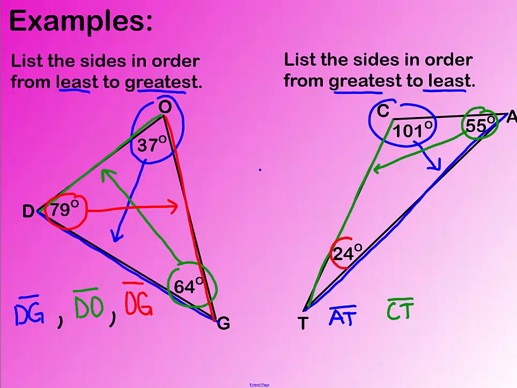And finally I have 24, and I go across from that, and I get CA. So from greatest to least in this triangle, it would be AT, CT, and CA.